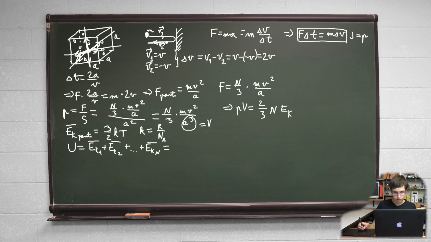And we get that it is actually N times, so the total number of gas particles being N, times average kinetic energy of a particle, 3/2 kT. And if we apply this ideal gas equation, we get that it is 3/2 nRT.